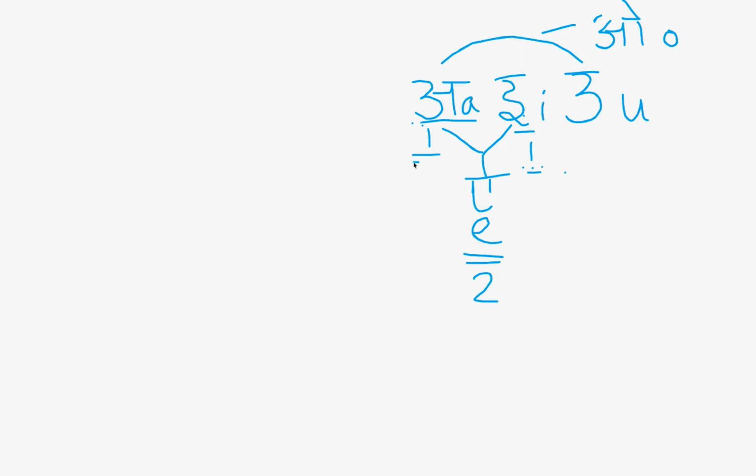So combining these two gives 2 matras, and this has to be long, or dirgha. However, within these 2 matras, A and E do not occupy the same amount of time. A is just half, and E is 1.5. Same thing with O. O has 2 matras because it is a combination of 2 vowels, each of which independently pronounced has 1 matra.